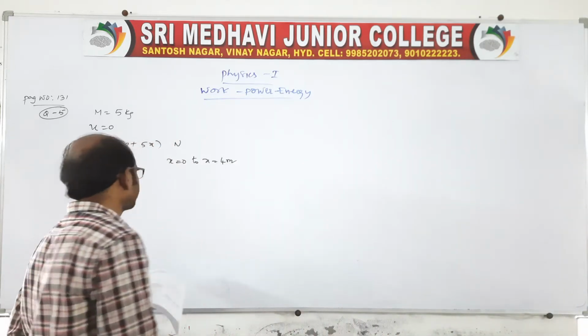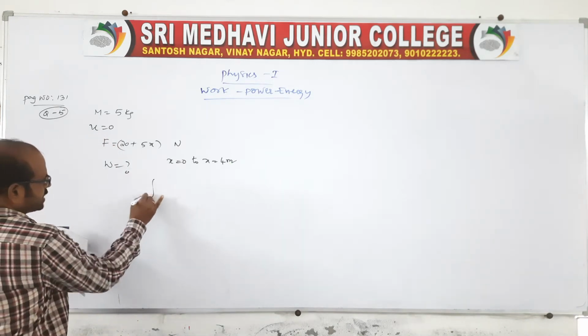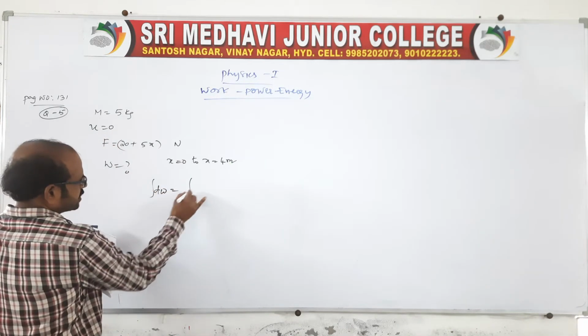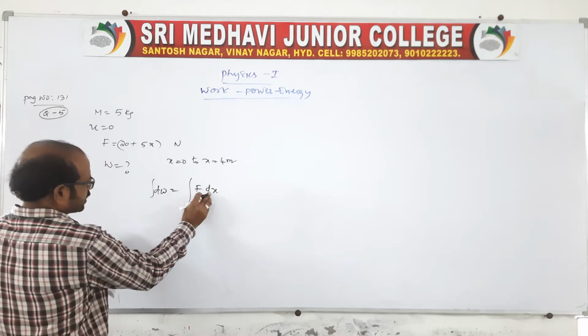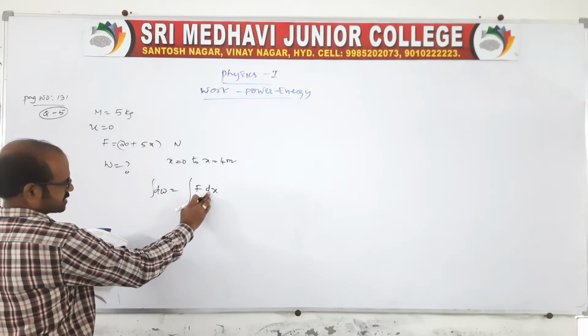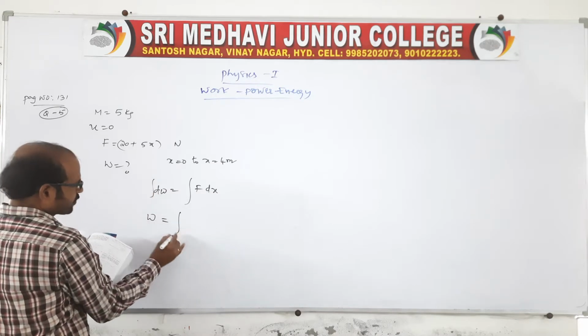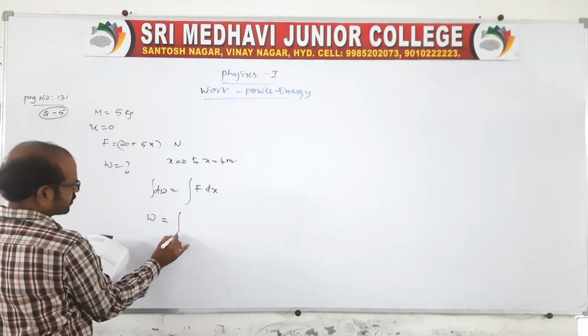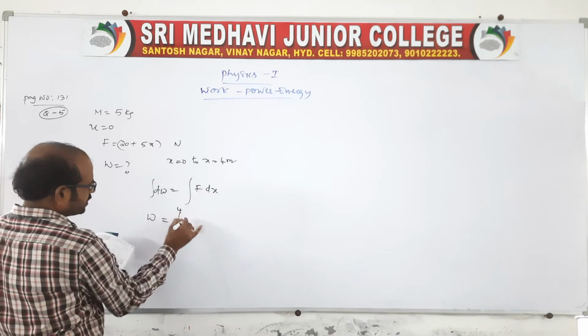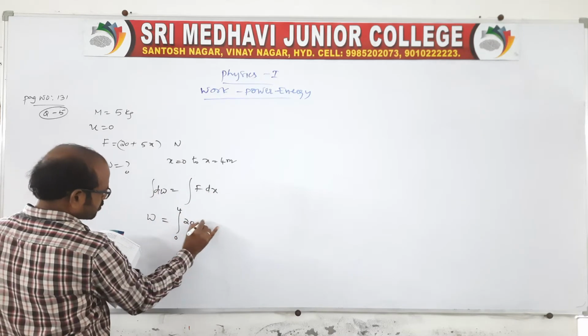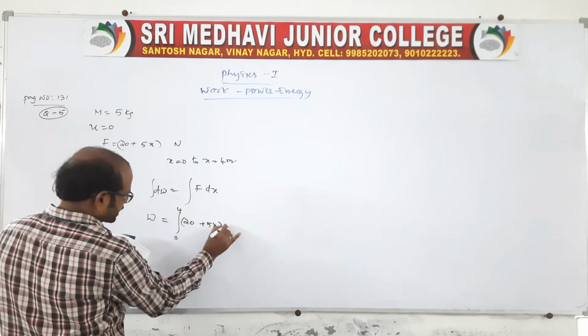So you take the integration method: integral dW is equal to integral F dx, because here it is given in terms of x, so you take F(x). Integral dW is nothing but W. From 0 to 4 meter, F is 20 plus 5x into dx.